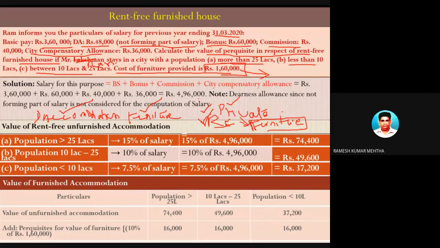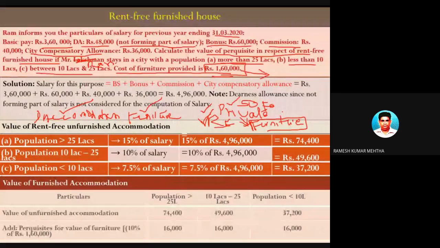Number three, apart from the rent-free accommodation, the employer is providing furniture in that house, and the value of the furniture is 1,60,000. Furniture can be anything like sofa set, beds, cots, tables, refrigerator, TV, teapot and other things, crockery, etc.